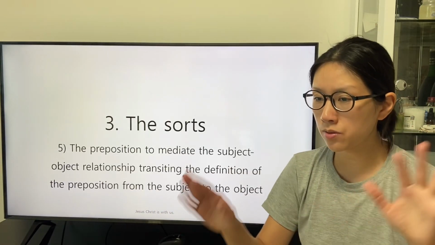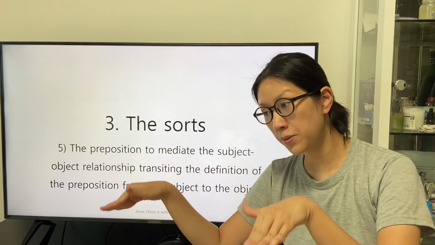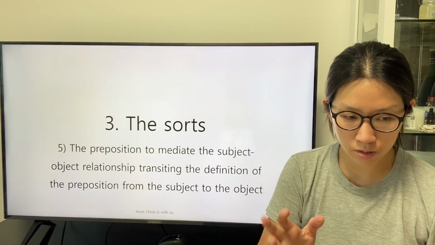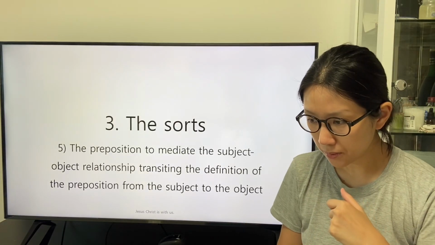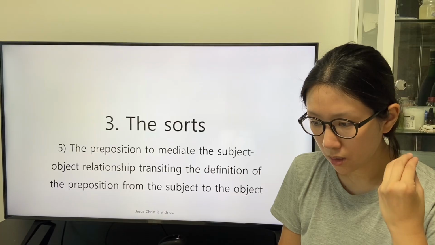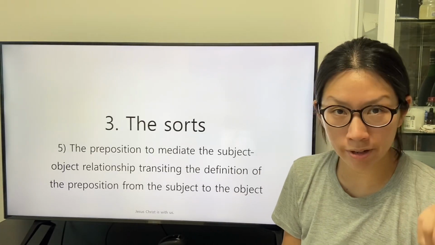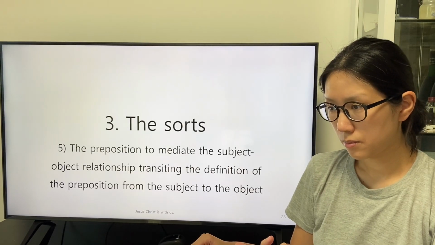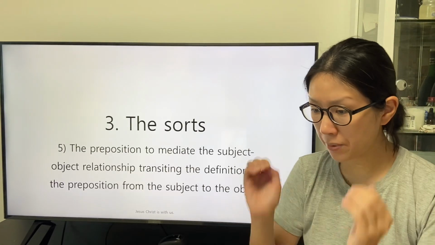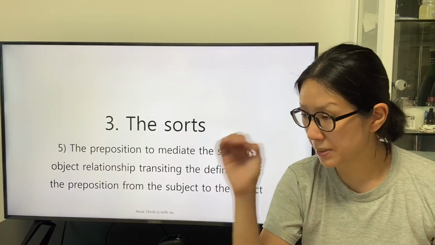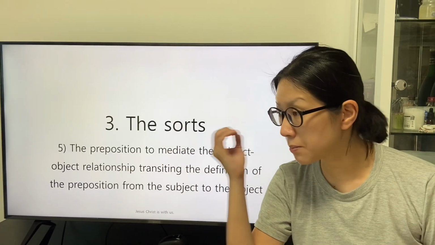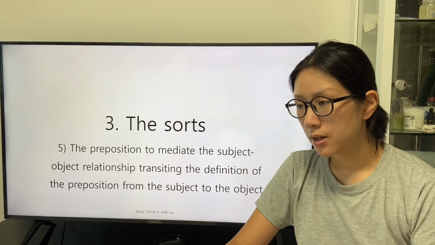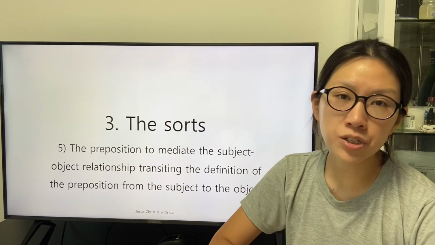The difference between the transitive verb and the preposition is that the definition of the transitive verb can be actualized with a time gap between the present and a specific point in time when the definition of the verb, the transitive verb, actualizes.